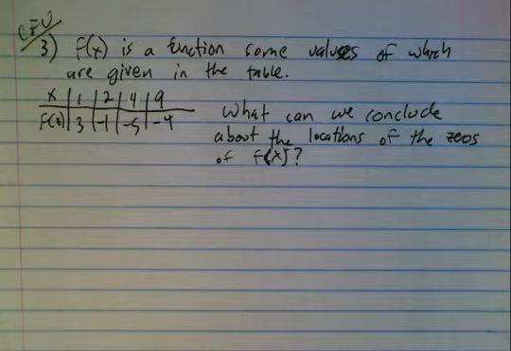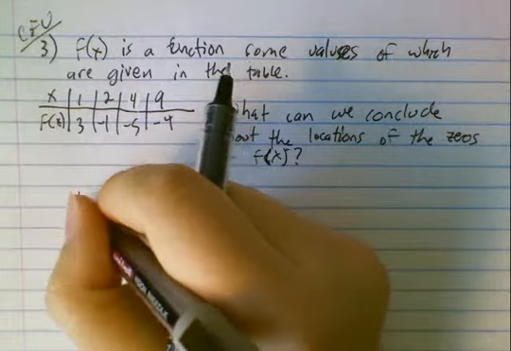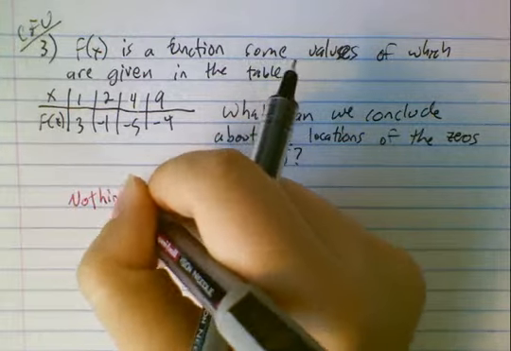Okay, turns out this is a trick question. F of x is a function. It does not say anything about whether it is a continuous function. We cannot conclude anything.